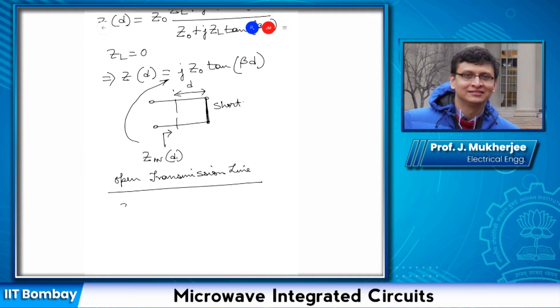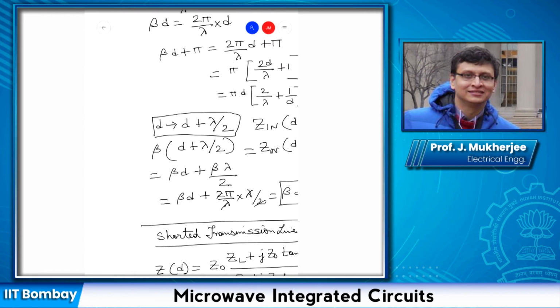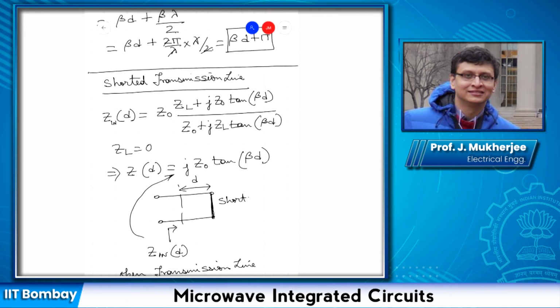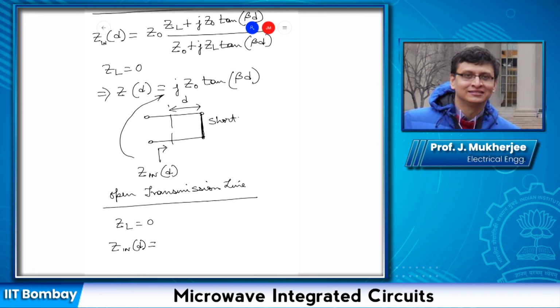For an open transmission line, sorry, I made a mistake, this should be ZL is infinite, so it's like this.